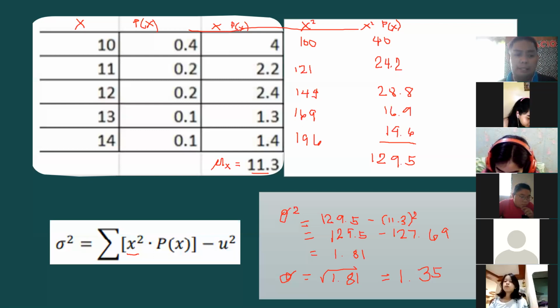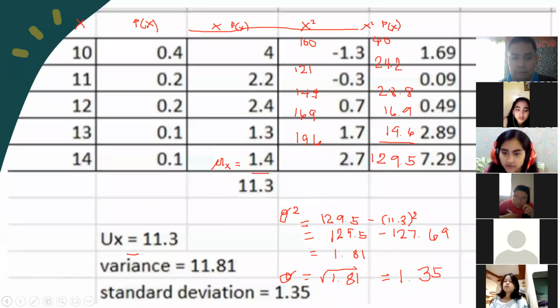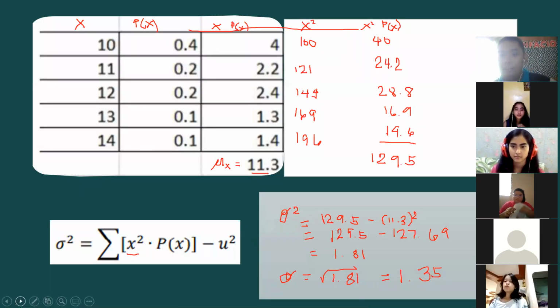Kapareho pa siya ng kanina. Check natin. This is correct. We have 1.81 and 1.35. Pareho lang ng process.